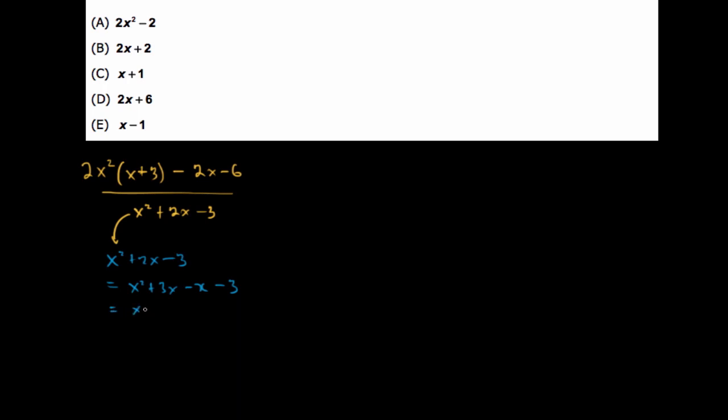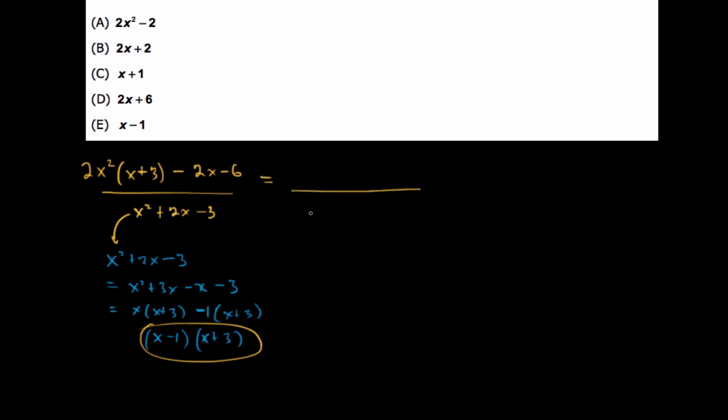This gives you x times (x plus 3) minus 1 times (x plus 3). So x plus 3 is common, so what you have is (x minus 1) and (x plus 3). We have obtained the factorization of x squared plus 2x minus 3. So what we have in the bottom is just (x minus 1) times (x plus 3).